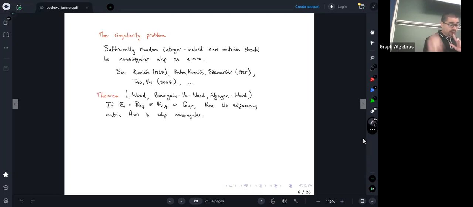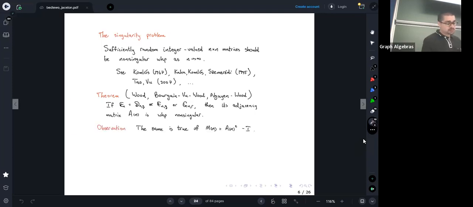For the kinds of random graph models that I've described, the Bernoulli, Erdős-Rényi, and these regular ones, I'm going to appeal to some results of Melanie Matchett Wood, who's at Harvard, and some of her co-authors, to deduce that in each of these cases, we know with high probability that the adjacency matrix is non-singular.